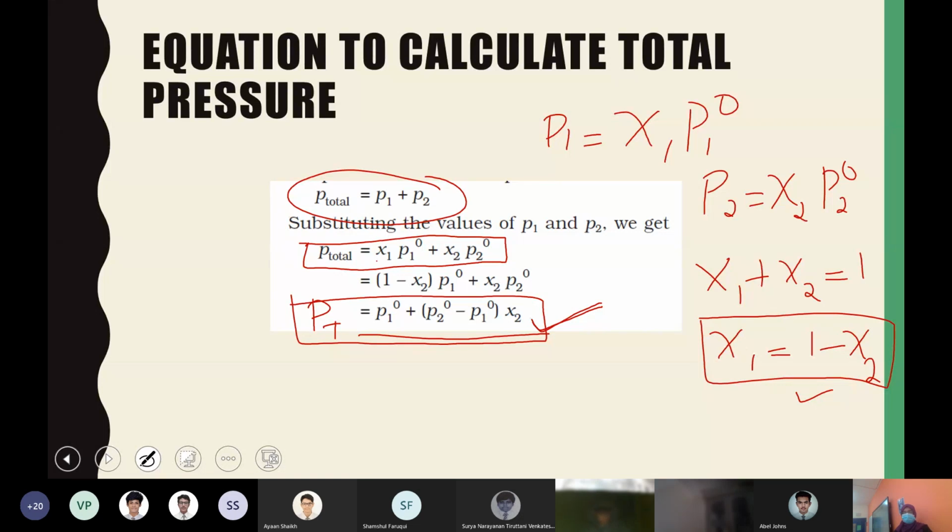You should know which equation to use under which conditions. So write down this equation. Done?